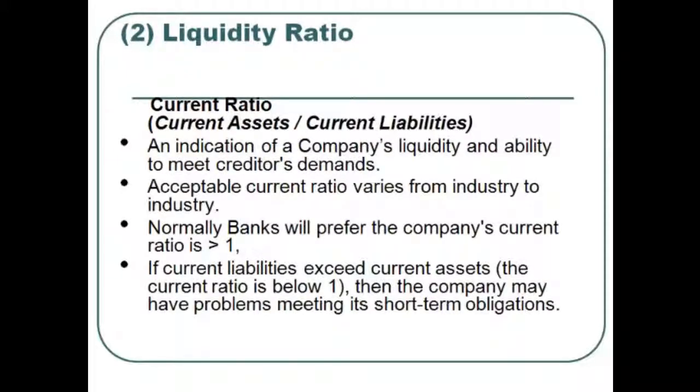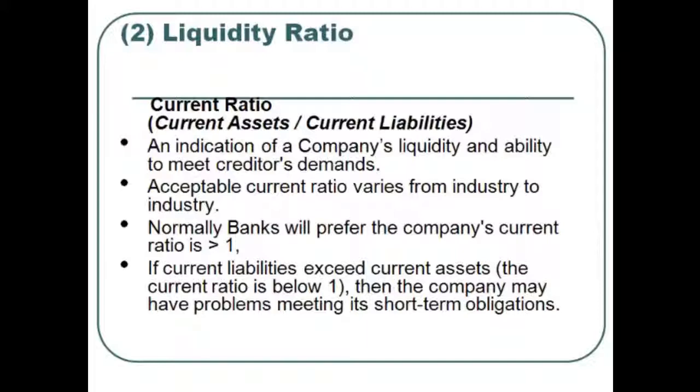Okay, the formula. There's one called the current ratio. The current ratio is your current assets divided by your current liabilities. What is inside current assets? Current assets are bank, your debtors, where customers owe you money, and your stock.